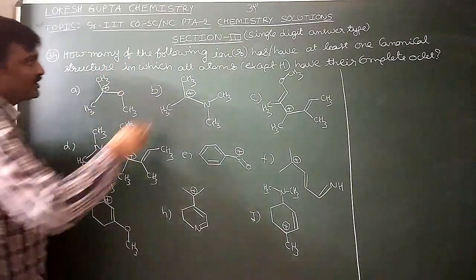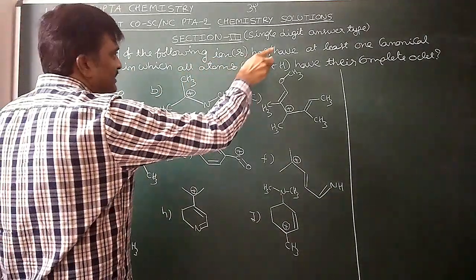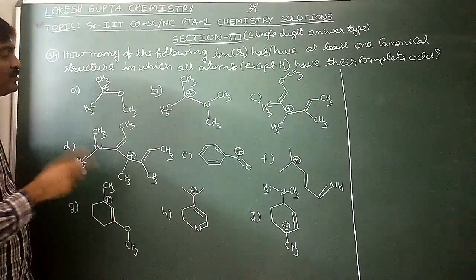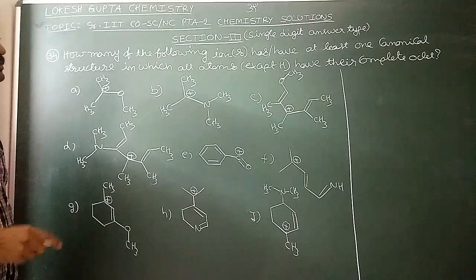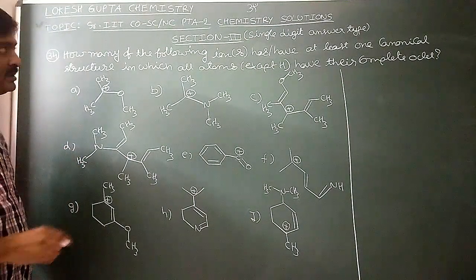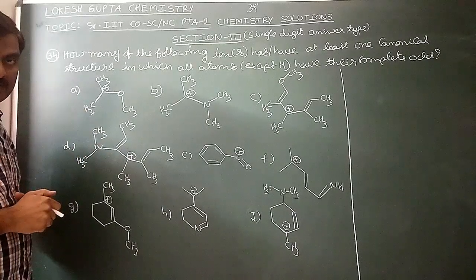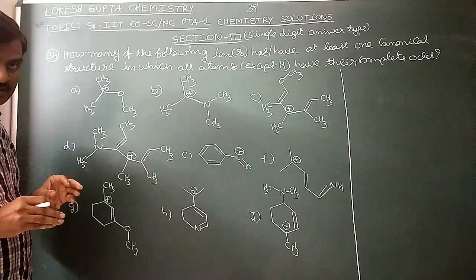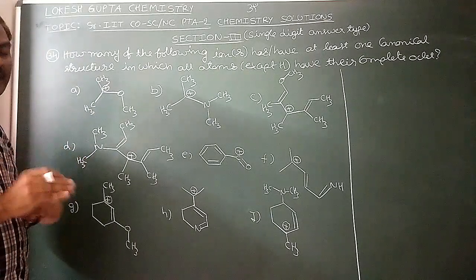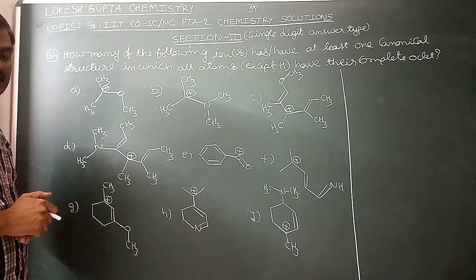How many of the following ions have at least one structure in which all atoms have their complete octet except hydrogen? In which of the following ions, in at least one resonance structure, are all the atoms satisfying the octet except hydrogen?